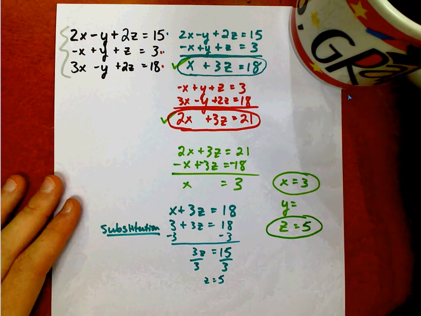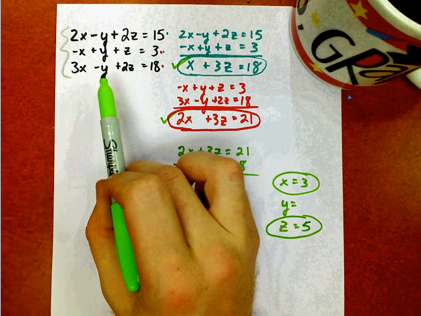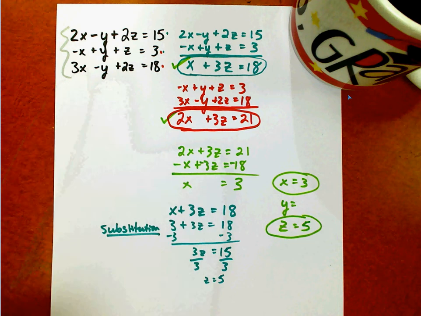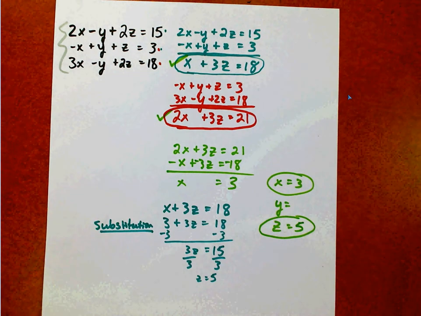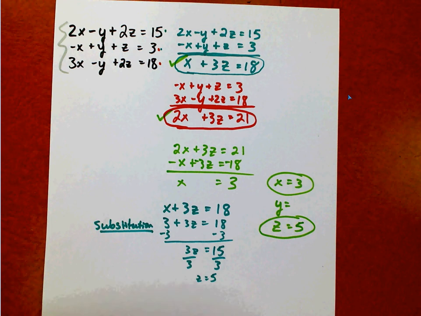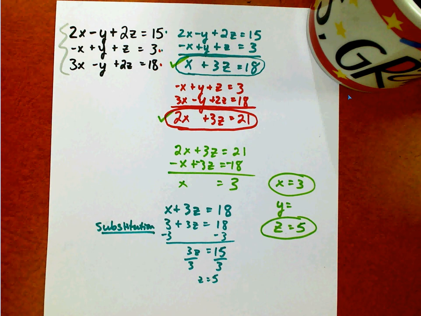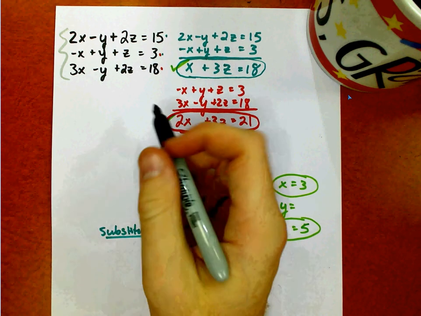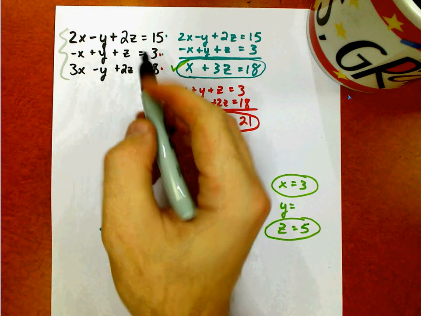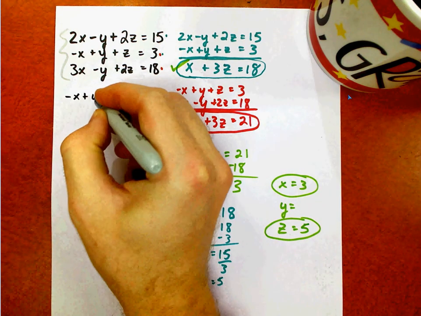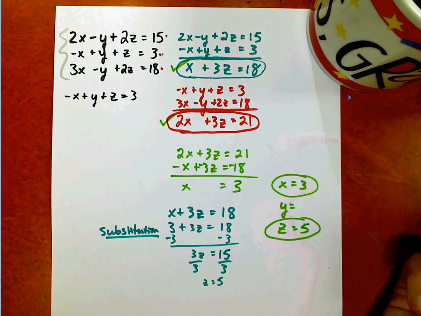Almost done. Almost done. I'm going to come back up to one of these top equations now, where x, y, and z are all related to each other. And you can choose any of those top 3 equations and use the substitution again. I'm going to choose the one where I don't have to do any multiplication. This middle one here is nice: negative x plus y plus z is equal to 3. No coefficients.